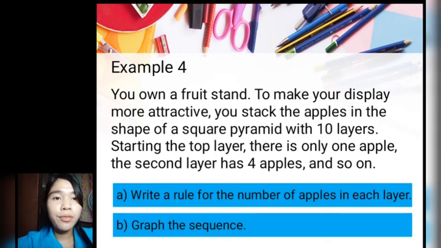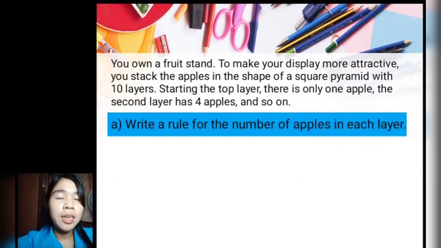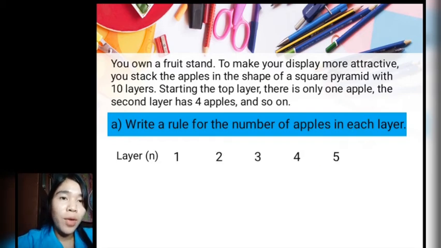Now, let's do the first one, which is to write a rule for the number of apples in each layer. So, let the layer be the number of the term. So, we have here 1, 2, 3, 4, 5, and so on as the terms. Now, we have the nth term, which is a sub n, as the 1 and 4 apples.